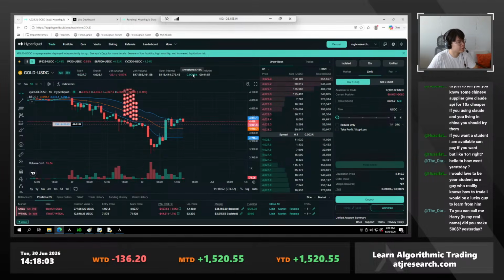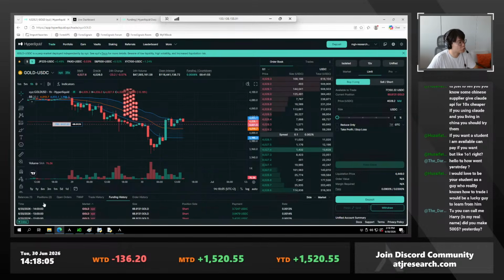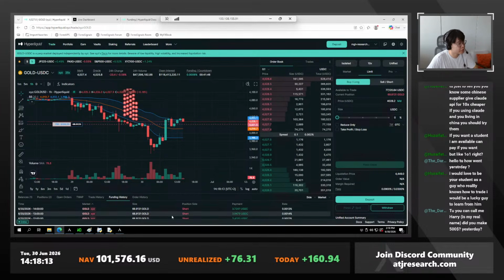The gold funding rates are back to being normal, so I feel like we can try to exit our position soon. Here we are back to the normal annualized funding rate.